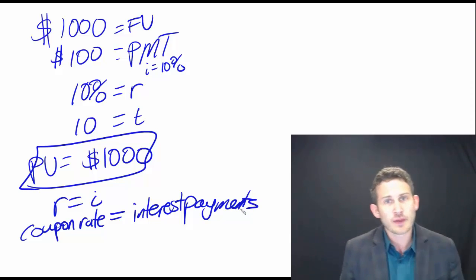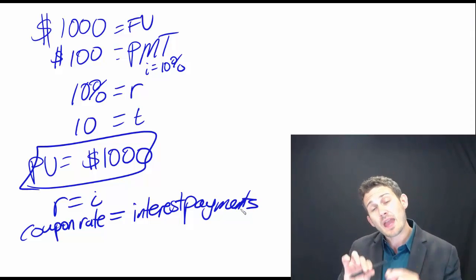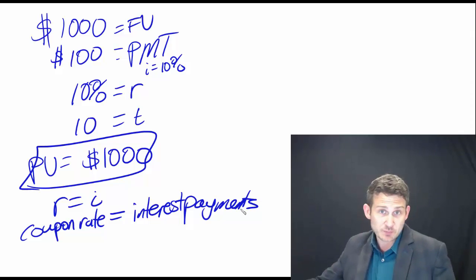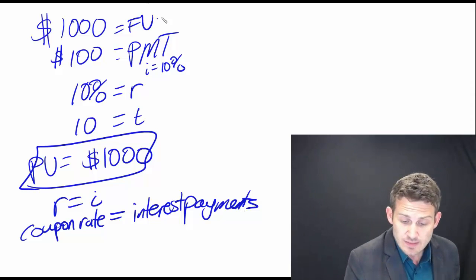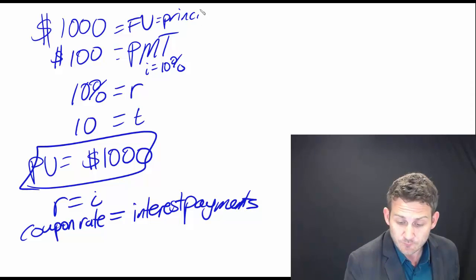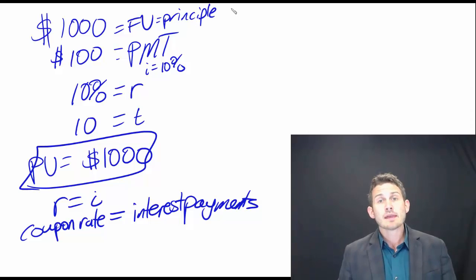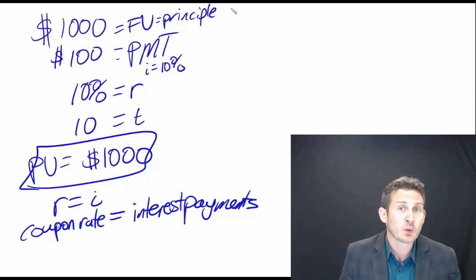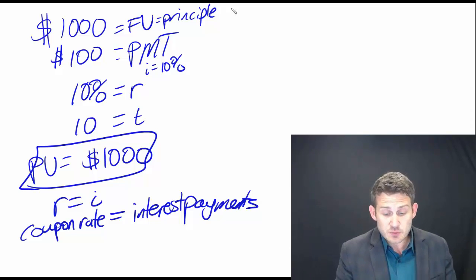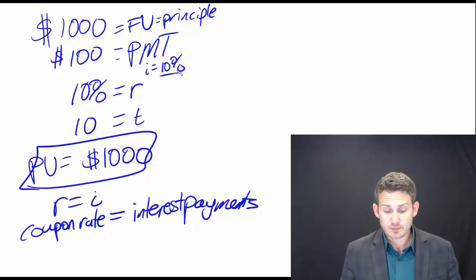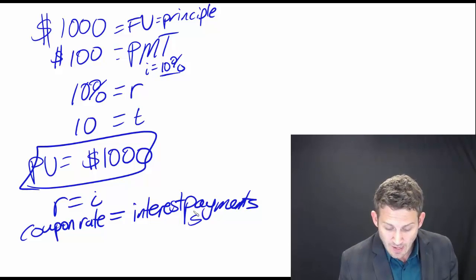It has a $1,000 face value, which we can also think of as the principal, and I'm paying an interest rate on that principal. That interest rate here is 10%, and the interest payments are $100.